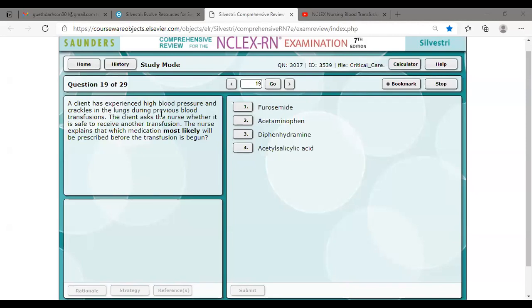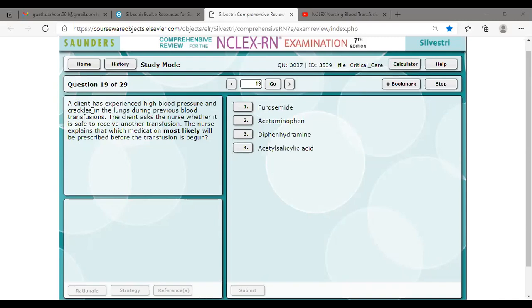If the patient does not know what the reactions are, you just ask, after blood transfusion, did you feel restlessness, nausea, hives, shortness of breath, fever, chills, or back pain? During this conversation, the patient said high blood pressure and crackles in the lungs. The crackles are actually a sign of overload.